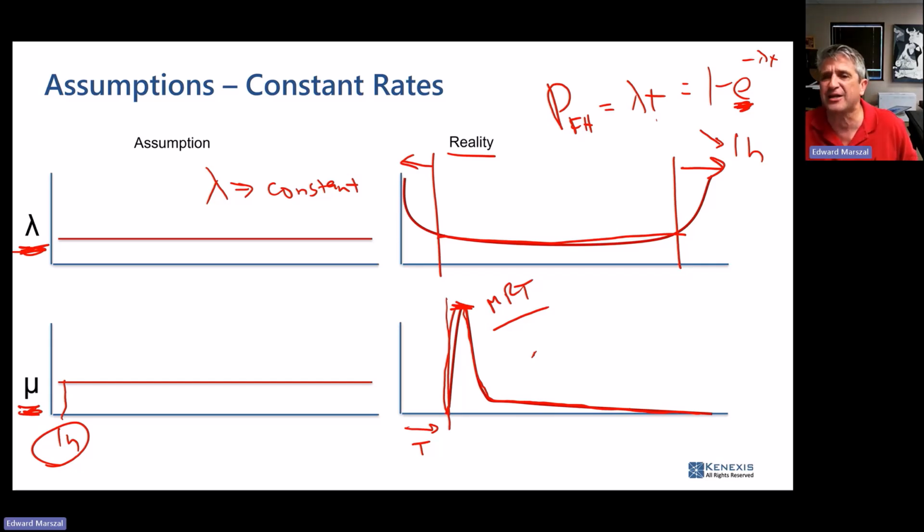You're basically integrating a probability density function. So when you're calculating PFH, you're integrating your probability density function for 1 hour. And again, you have to assume that your failure rate is constant over that hour. Otherwise, you're going to run into those same error issues.